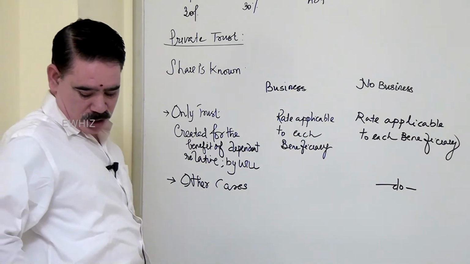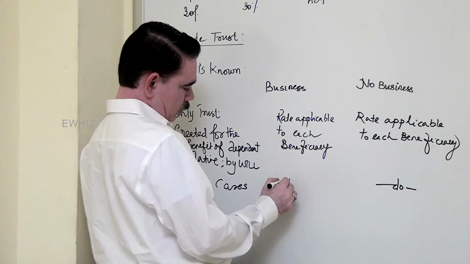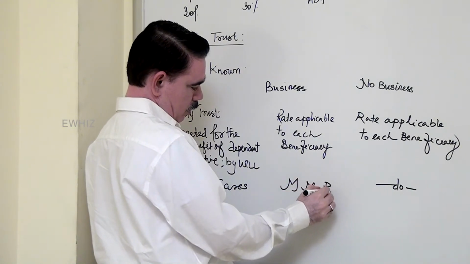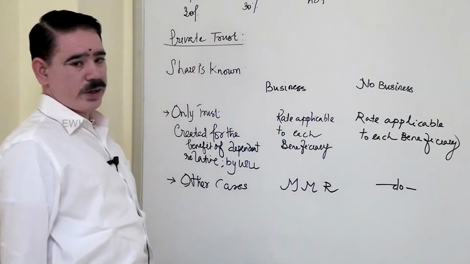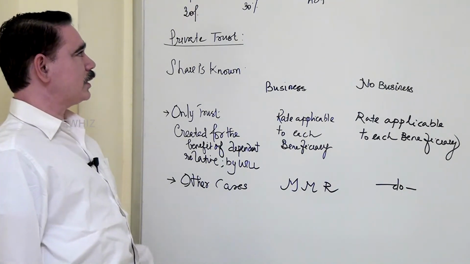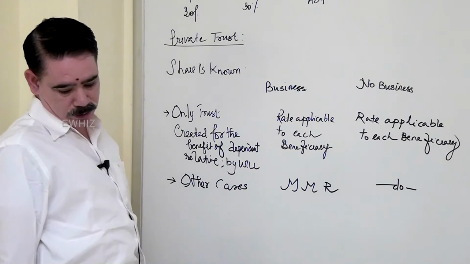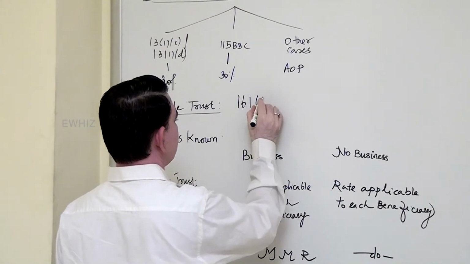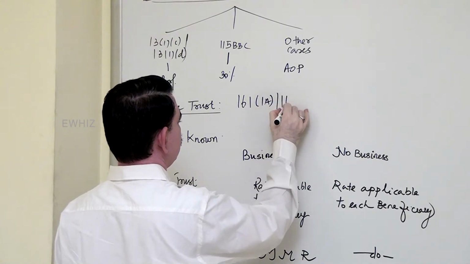If you have a business, then maximum marginal rate would apply. So this is what is said in section 161(1A) and 164.